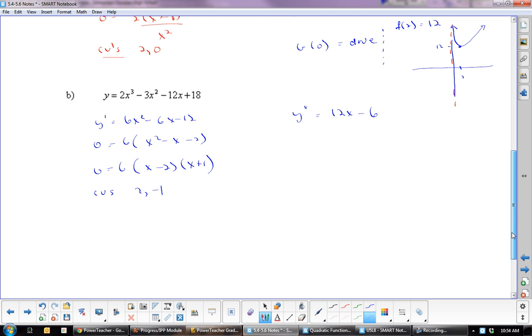So let's do when x equals 2, y double prime would equal a positive, so it's concave up, so it would be a min. X equals negative 1, y double prime would be a negative, so it's concave down, so it would be a max at that point.